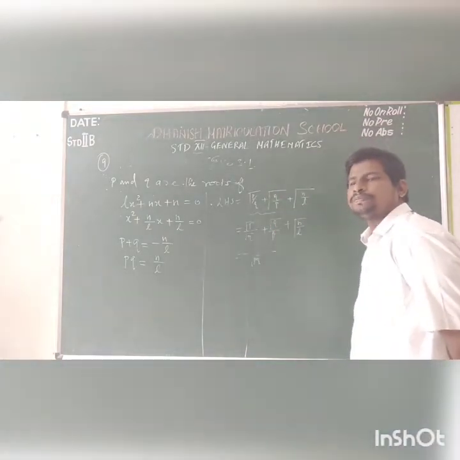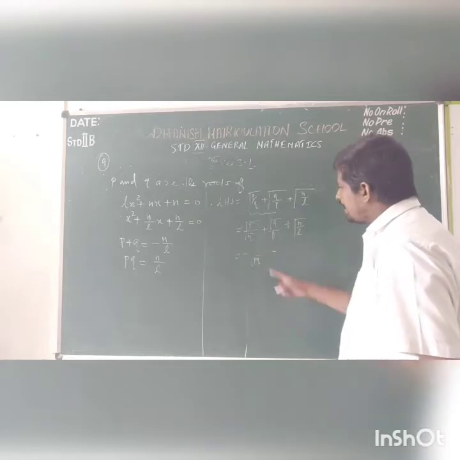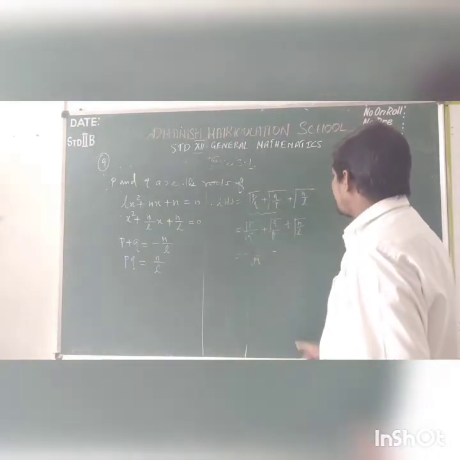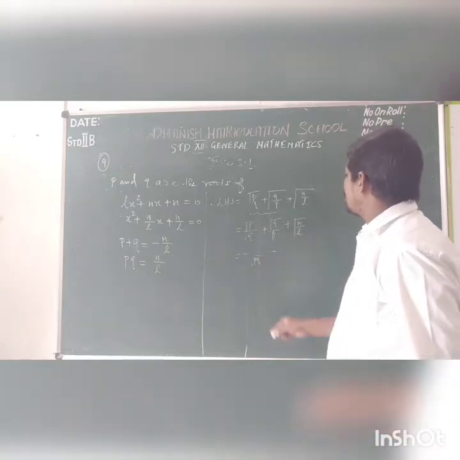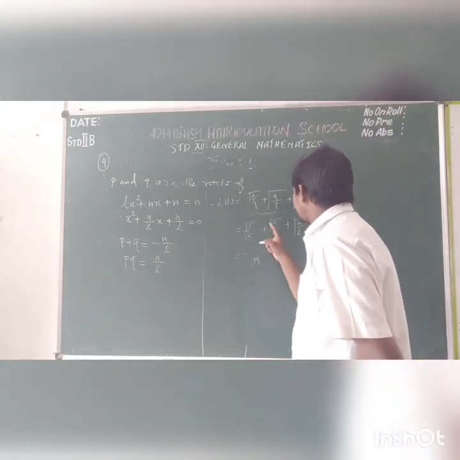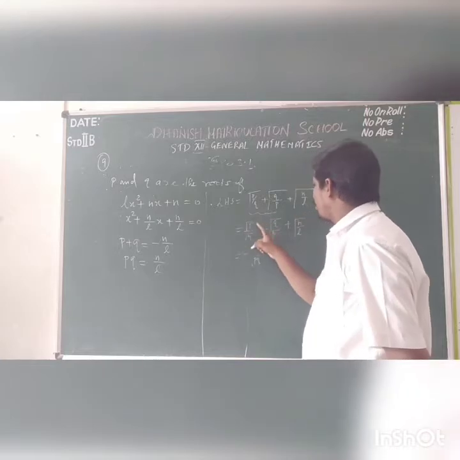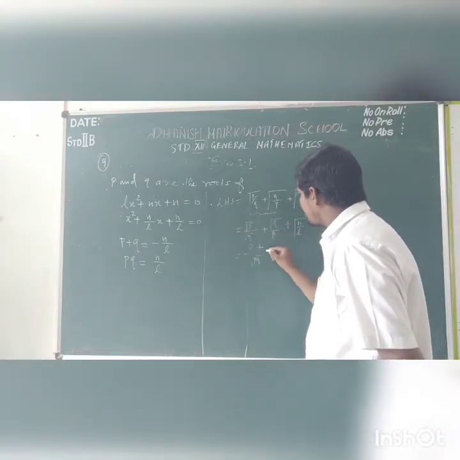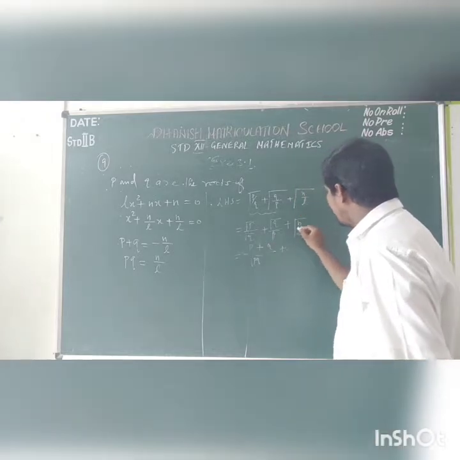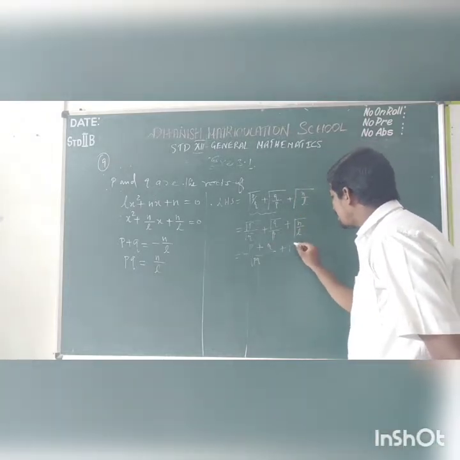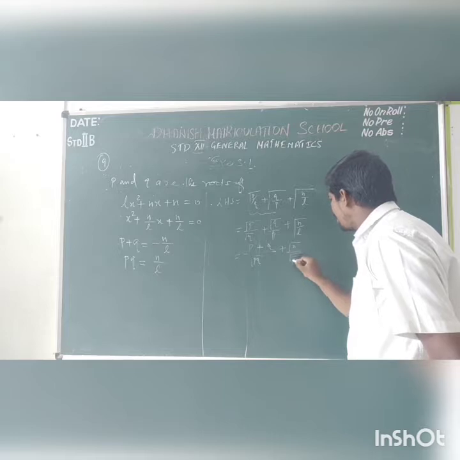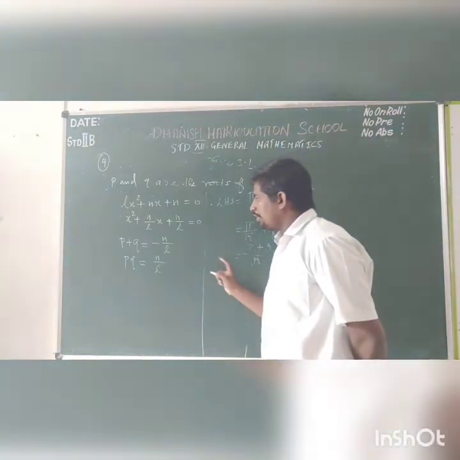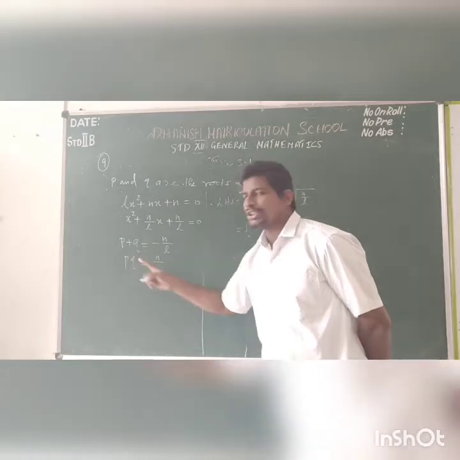Root PQ. Here the denominators are different, so I am going to cross multiply the terms. So it will become root P into root P, P, plus root Q into root Q, Q, plus we can write this term as root N divided by root L. Now here we know the value of P plus Q as well as PQ.